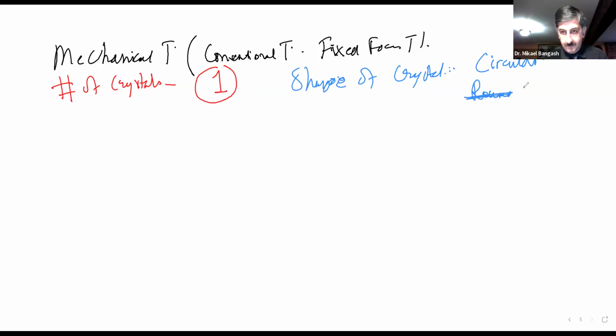Okay, let's look at circular. And if you want to look at it, just look at this. This is going to be the shape of your PCT for this transducer here.